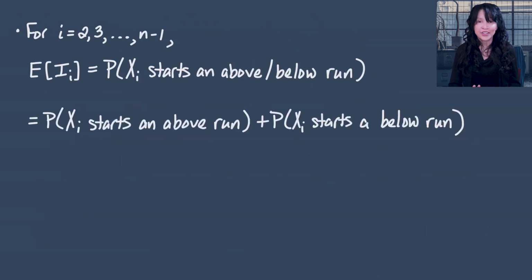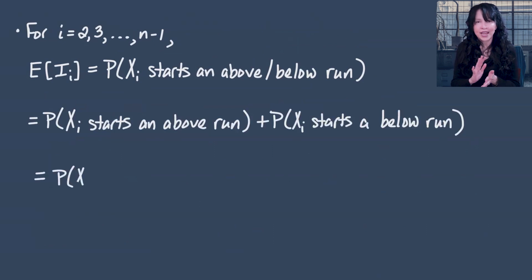And now to get into the weeds with the individual X's, what needs to happen? If X sub i is starting a run above the mean, then it needs to be above the mean. And also, the previous value needed to be below, or X sub i would be just within a run above the mean, not starting the run.